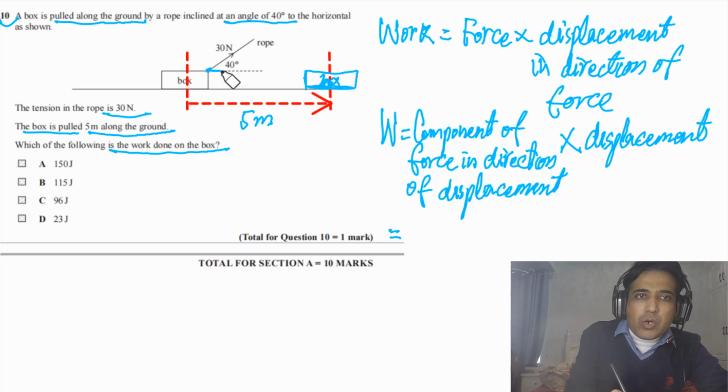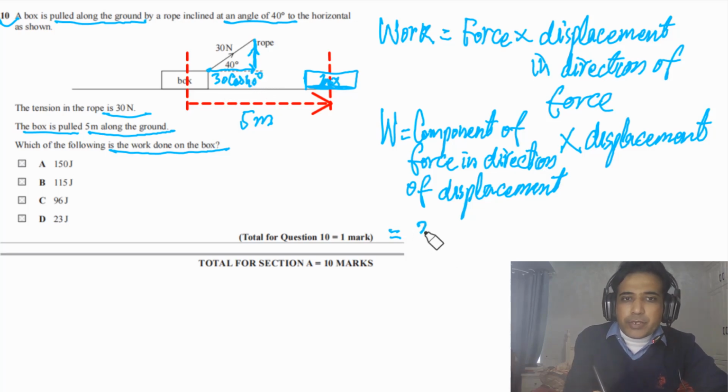In this case force has two components. One is the horizontal component, and this component is in direction of displacement, so we have to take this component. But this force also has a vertical component. So which component is in direction of displacement? This component, and this component is 30 cosine of 40 degrees.